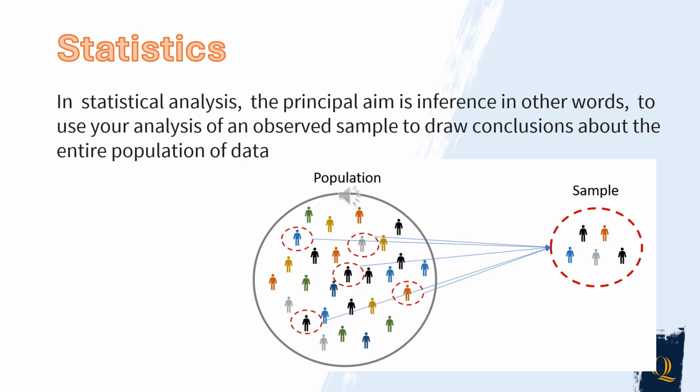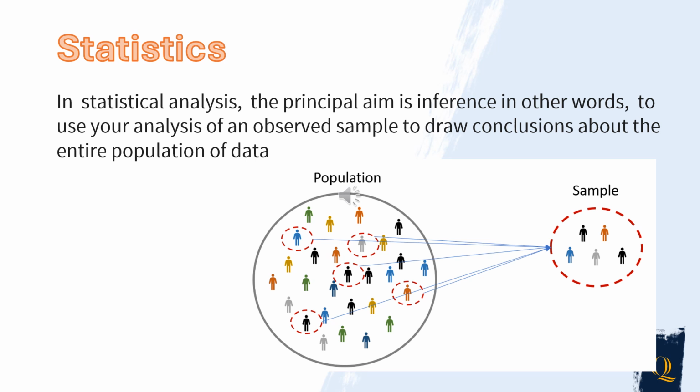Now that we have explored how machine learning models learn from data through feedback loops, it is important to remember that these models rely heavily on statistics to function effectively. In machine learning, we often work with large data sets, but just like in traditional statistical analysis, we can't always observe or analyze an entire population.